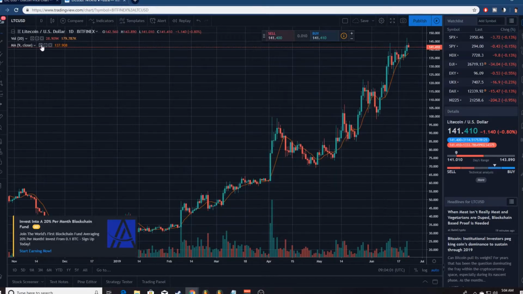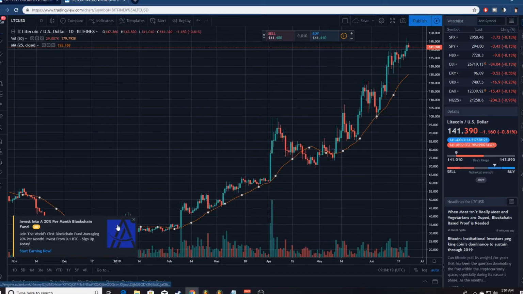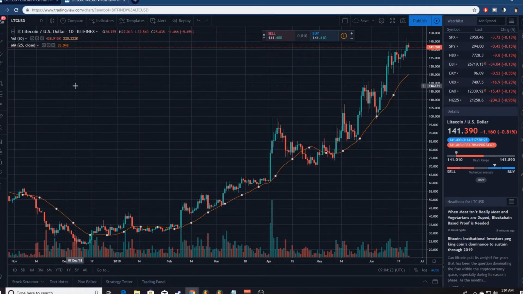Now, in TradingView, when you add this, it's going to be on a very short-term basis right off the bat. So what you want to do is go to the length, and this is basically the day. Length is going to be regarded as the day, and type in 25. The reason I wanted to type in 25 is because, generally speaking, the main moving averages people look towards are the 25-day, the 50-day, the 100-day, and the 200-day.